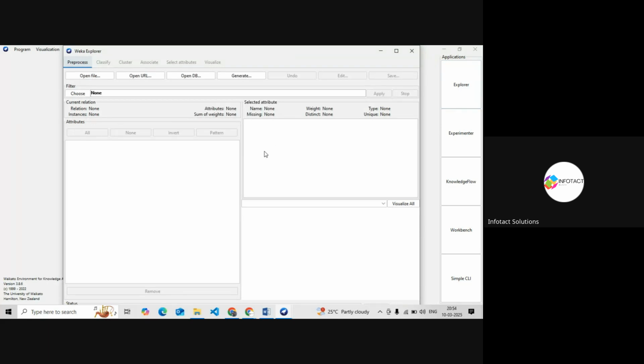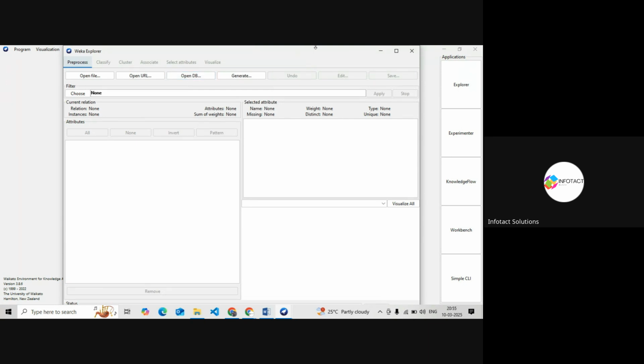It allows users to load the file, open the database, pre-process the dataset, and apply machine learning algorithms: classification, clustering, association, select attributes, then visualize the results. It supports various file formats including ARFF, which is the inbuilt data format for Weka, and you can use CSV, JSON, and XML.